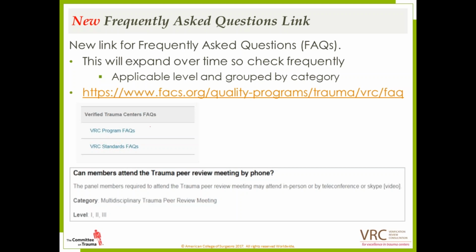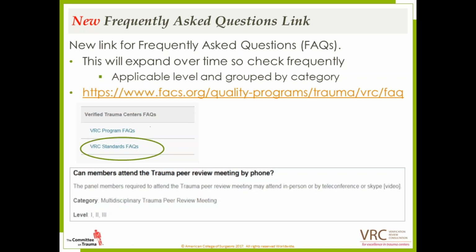We're going to build on that. For the time being, it's linked to the Trauma VRC FAQ page, as you see here. To access the page, you're going to go to the VRC Standards FAQ. Currently, because we don't have a whole lot of data, we have a list that you're going to have to just scroll through.